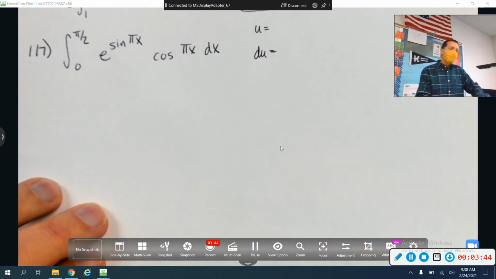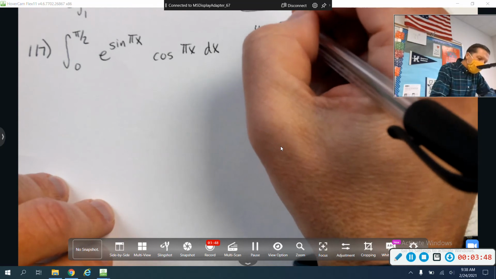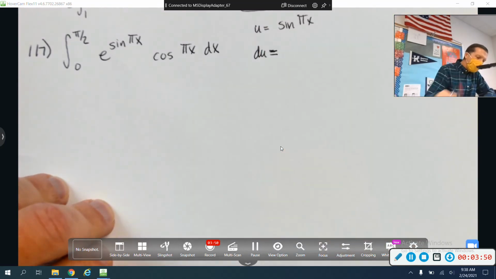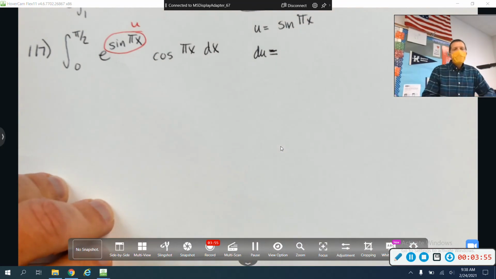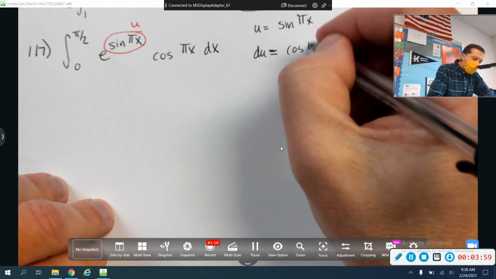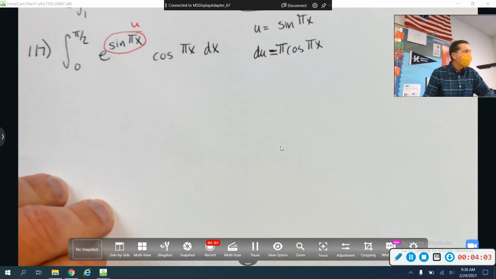Jacob, do you have an idea for u? Sine pi x. I think sine of pi x, because we almost always pick the exponent for u. Let's see, derivative of sine would be cosine, but chain rule would be times pi. So that's good news. I mean, the cosine's good news.